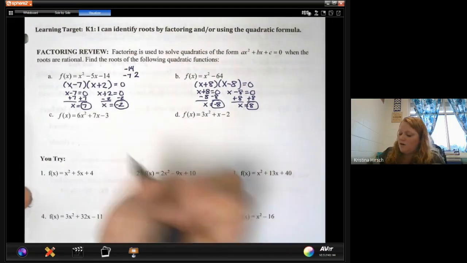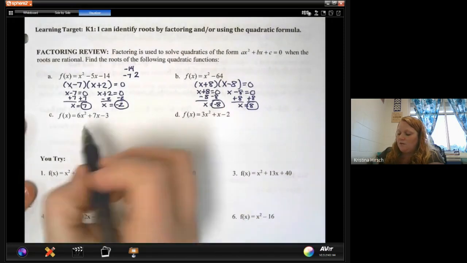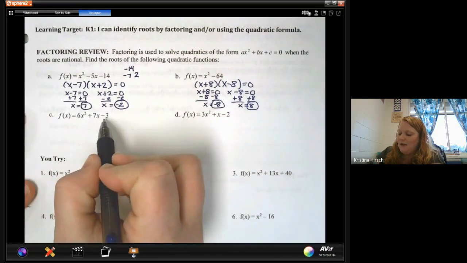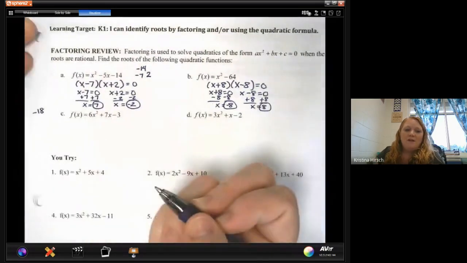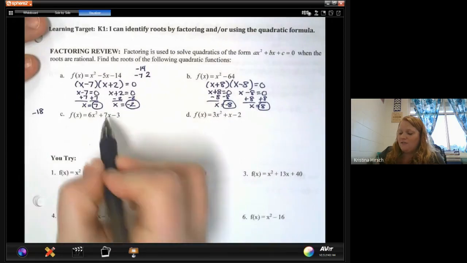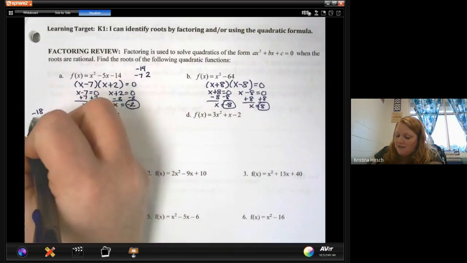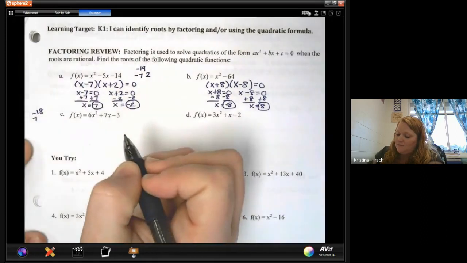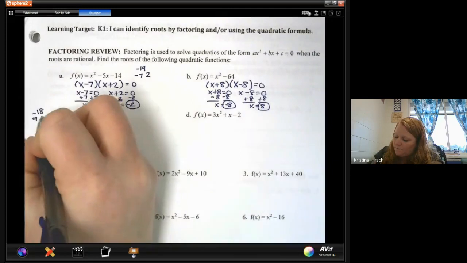All right, so the third example is the AC method. So 6 times negative 3 is negative 18. But we need to figure out what can we multiply to get negative 18 that's going to add together to give me a 7 in the middle. So we would have positive 9 and negative 2.